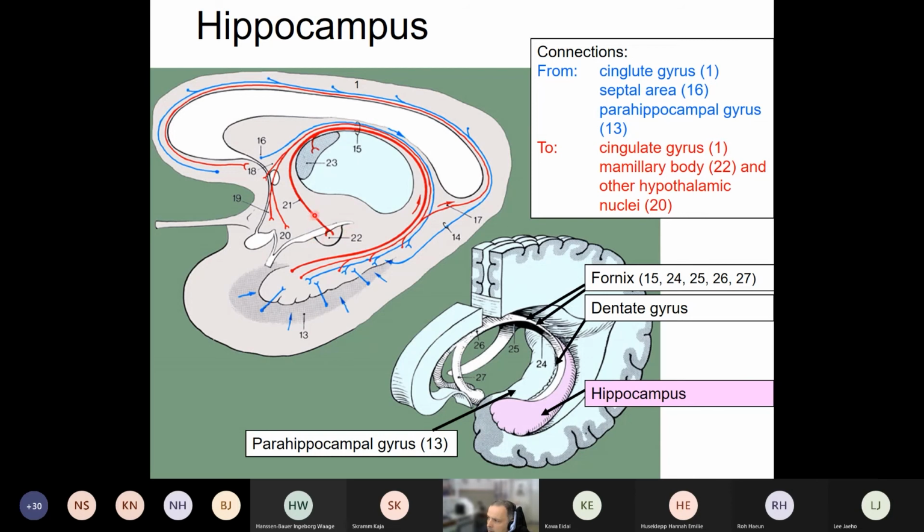This is the main direction, but other hypothalamic nuclei also get informed about the limbic issues through the fornix. Also, some fibers go backwards through the cingulum, but I don't think it makes sense to talk longer about it. The most important connections are from the parahippocampal gyrus to the mammillary body. These are the most important ones, and some other examples are also mentioned here.